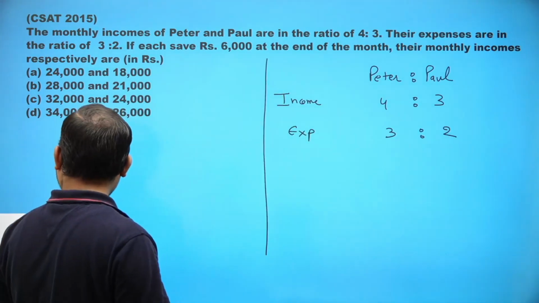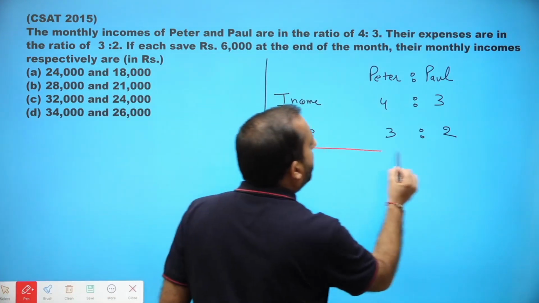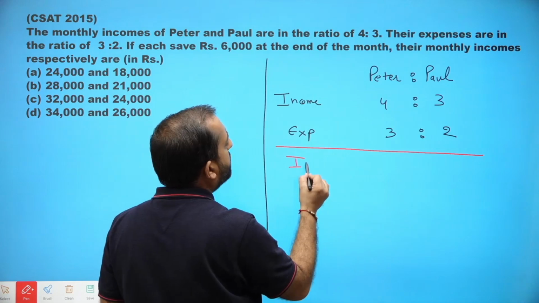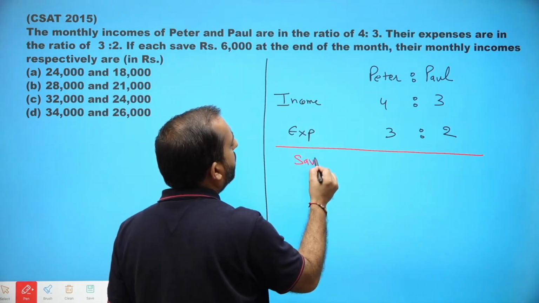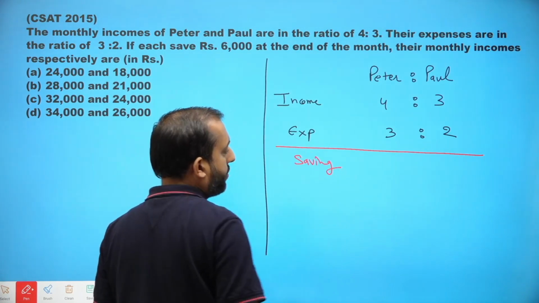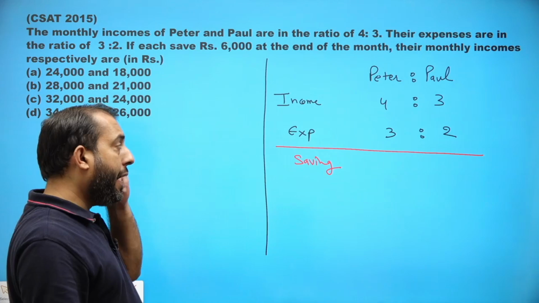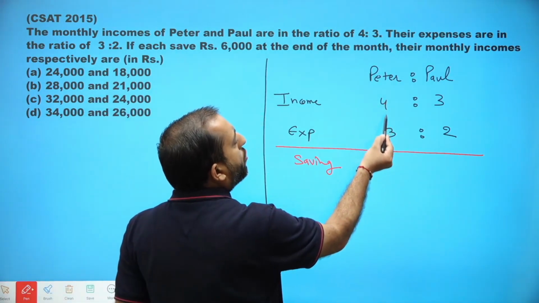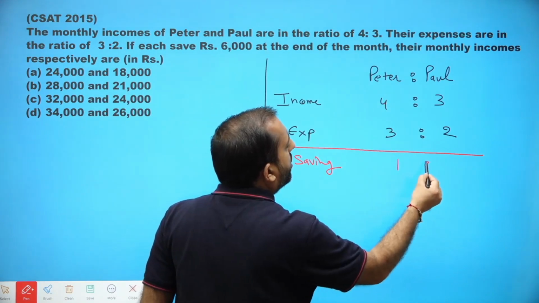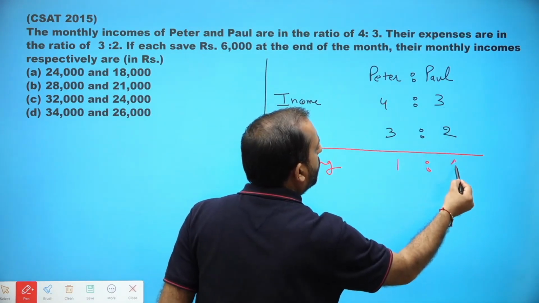Now I know that if we subtract expenditure from income, we will get savings. Now by normal subtraction, income 4 minus 3 is 1, 3 minus 2 is 1.